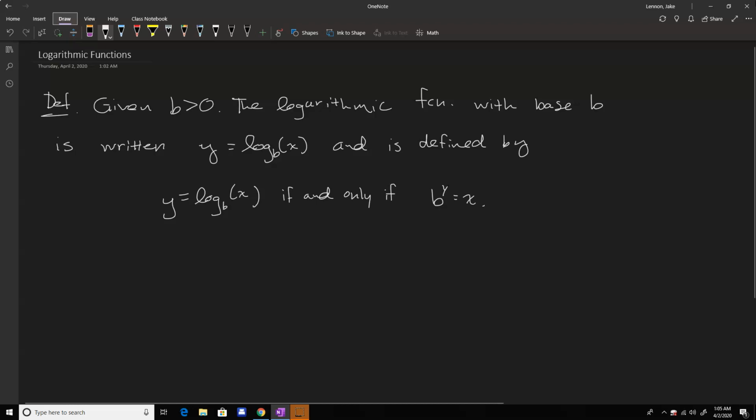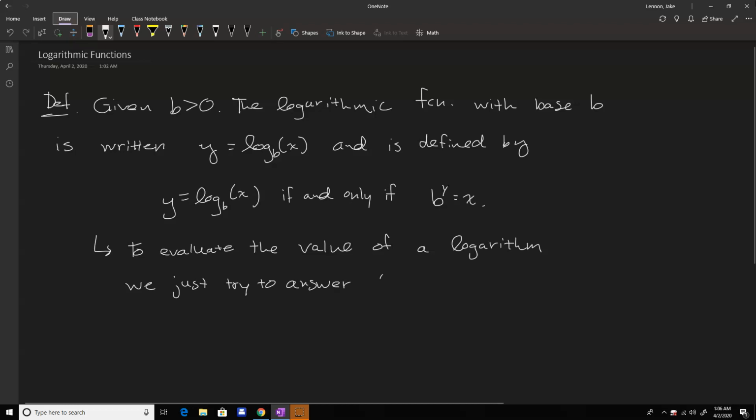So this y that's representing the logarithm can really be thought of as an exponent in another equation. So basically, to evaluate the value of a logarithm, we just try to answer the question: what power of b makes x?